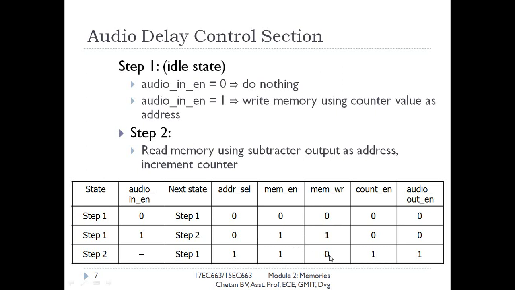MEM underscore write should be 0. Count enable is made 1, so we are allowing the counter to increment. At the same time, audio out enable is made 1 to indicate that the output sample is available at the output terminal. The sample that we output at the output terminal is a delayed sample which arrived d milliseconds earlier.